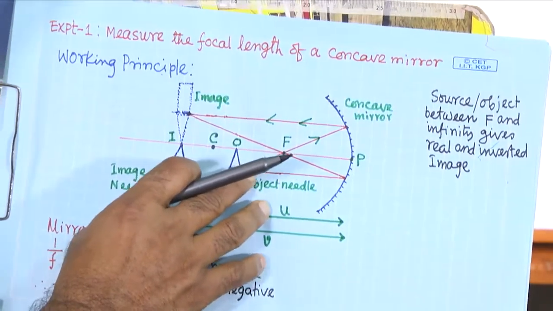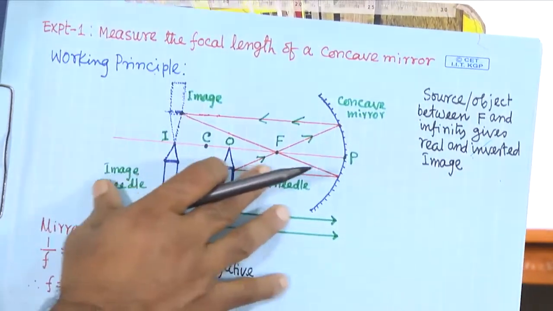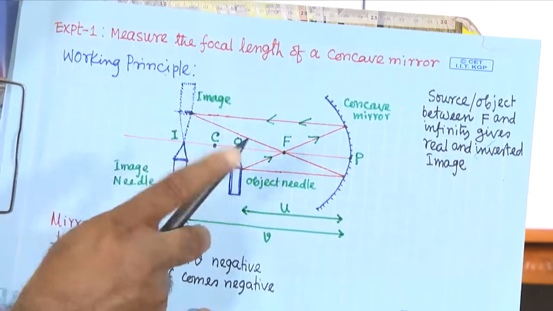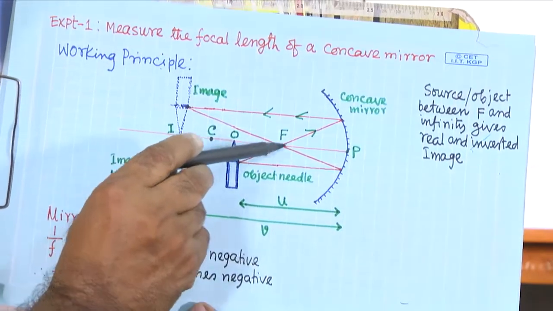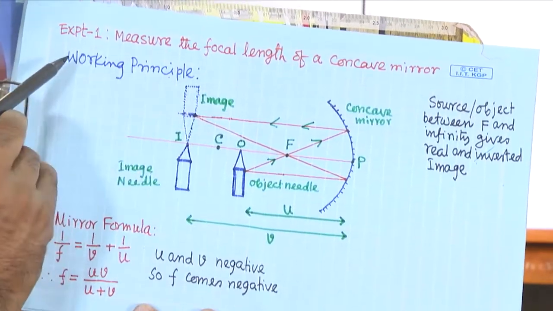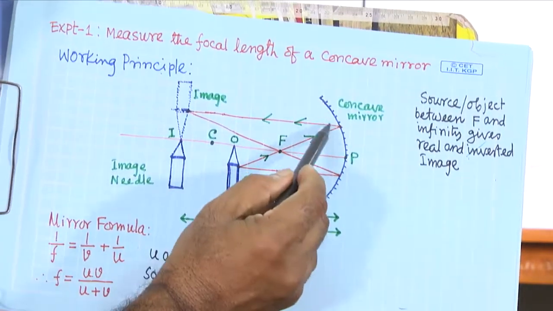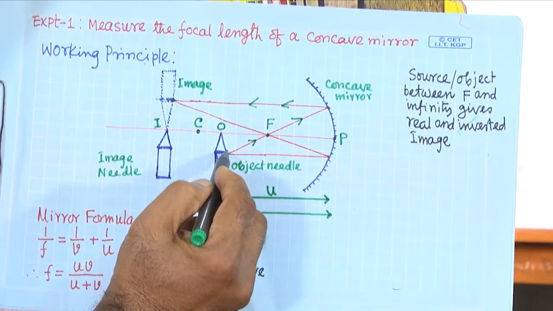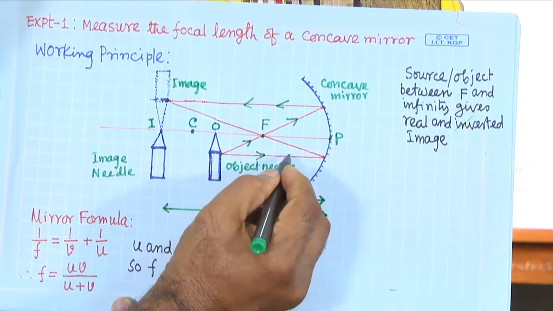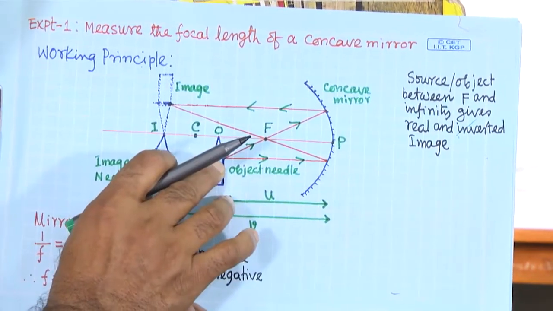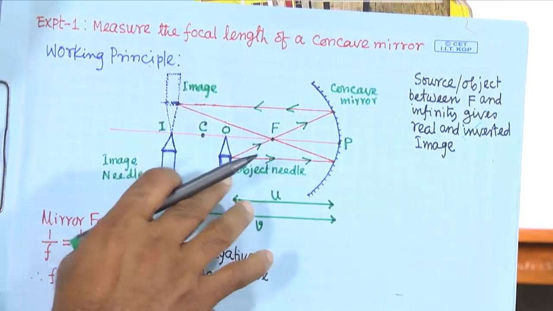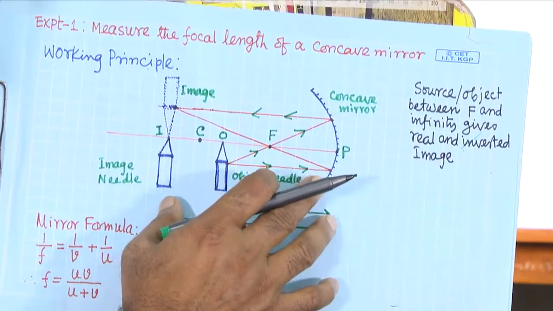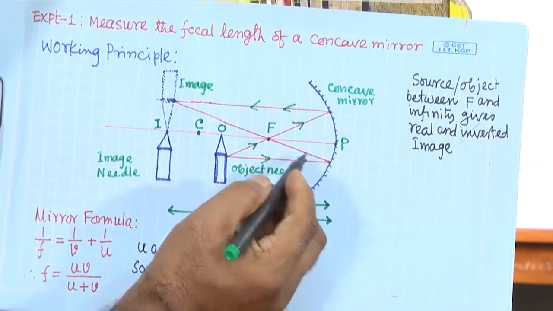So, earlier I have discussed the importance of three rays, right. So, if a ray passes through the focus, the reflected one will be parallel to the principal axis. So, that way we have done. Second, light from the same point, if it is parallel to the principal axis and falls on the mirror, then the reflected ray will pass through the focus, right.